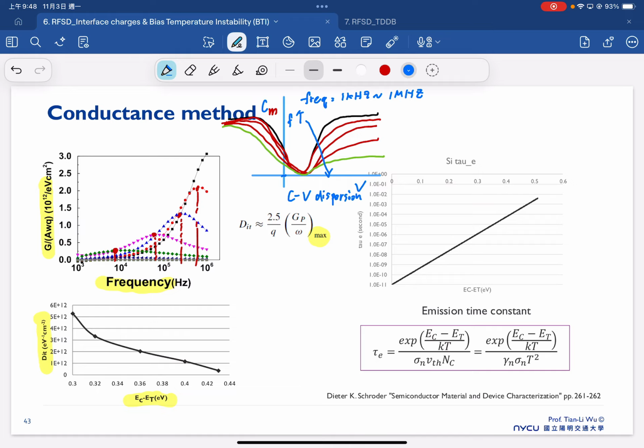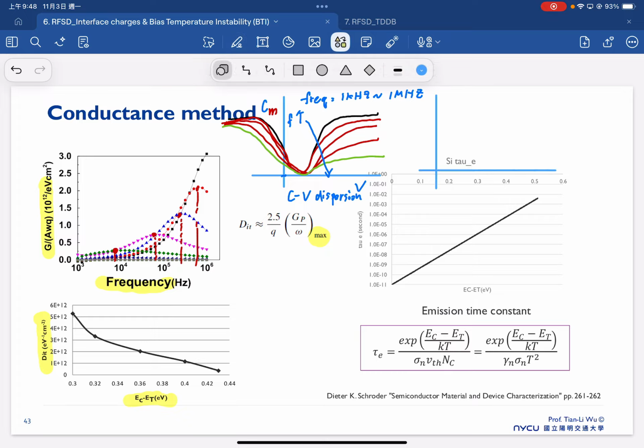But at the same time, we can also have the curve of the parallel conductance, Gm, versus the voltage here. This is something that we are really interested in.